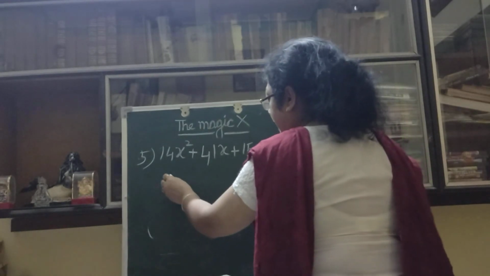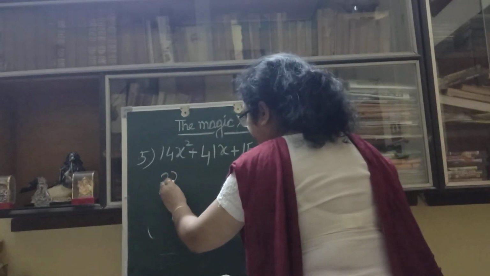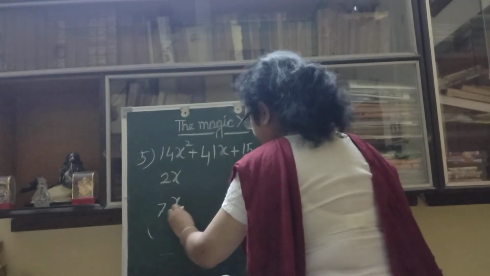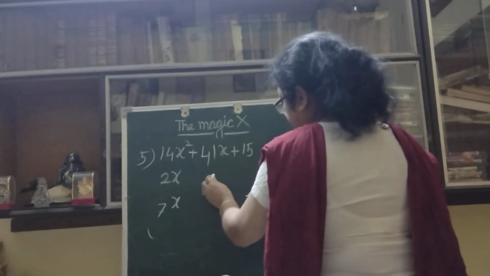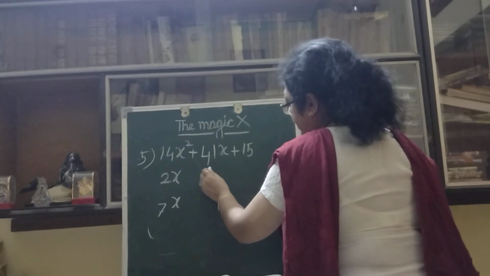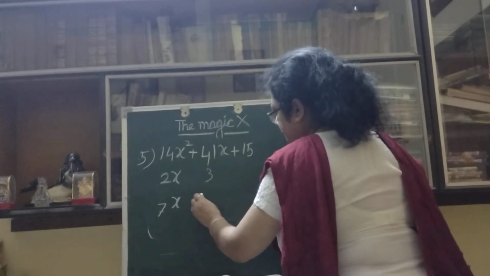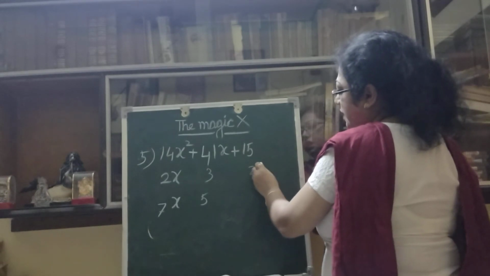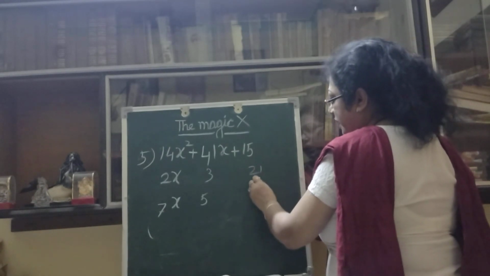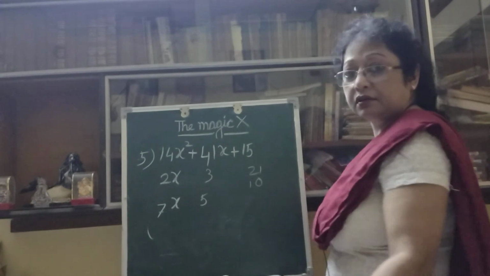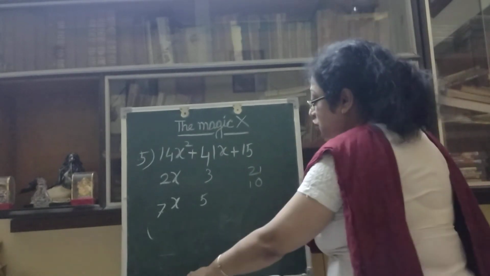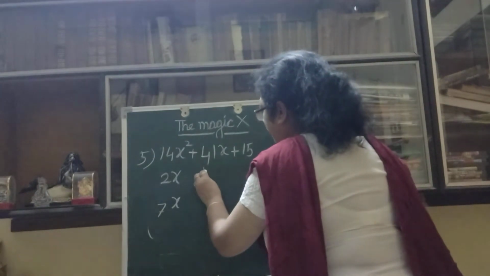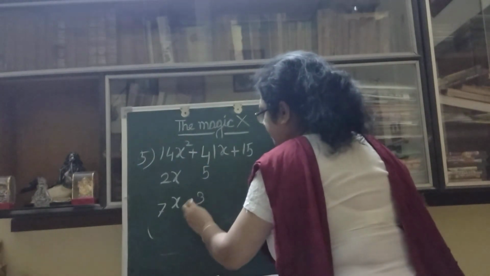Okay, so here I am taking 2x, 7x and 3 5s are 15. 3 7s are 21 and 5 2s are 10. No, it is not coming. So immediately you just switch to 5 3 and check.